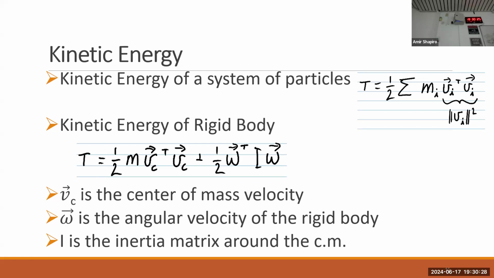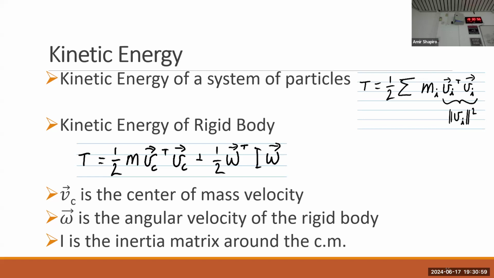But keep in mind that I has to be around the center of mass, because we took Vc. So I has to be the rotation around the center of mass, and omega has to be in the same coordinate system where I is computed.